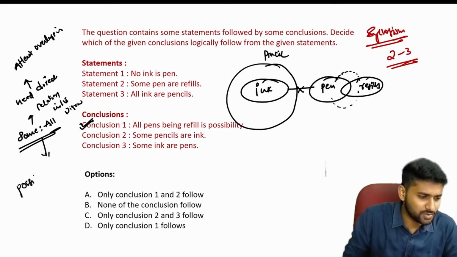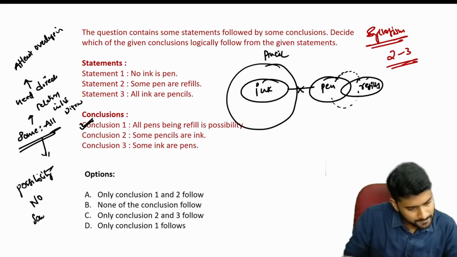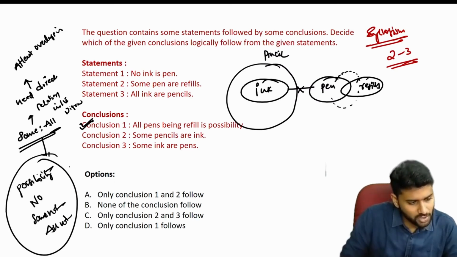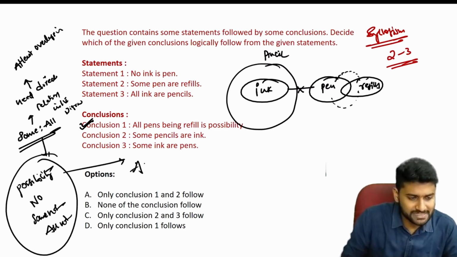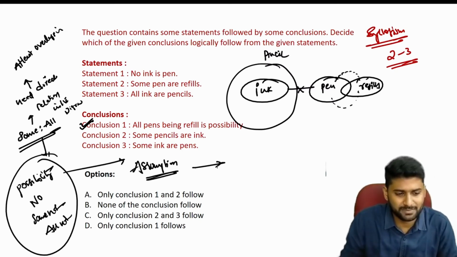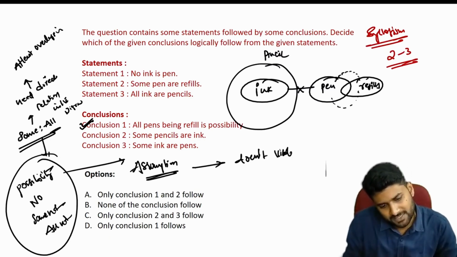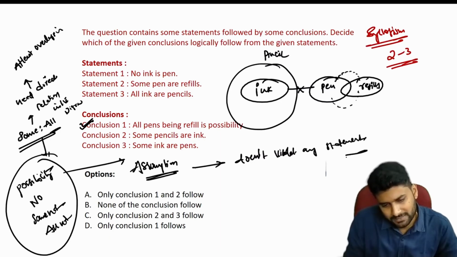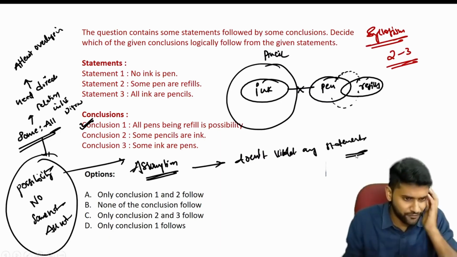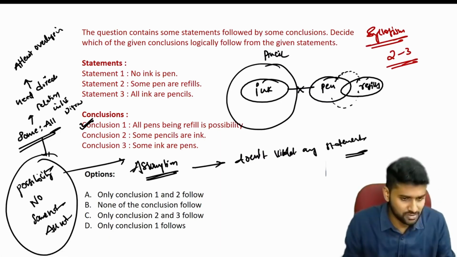Other than these two, if conclusions are related to possibility or no, some not, all not, you should verify them through assumption itself. Means check whether it is possible. Assumption means it does not violate any statements. Few important points are there for this particular topic. If you understand that theory, guys, definitely you can solve this question.